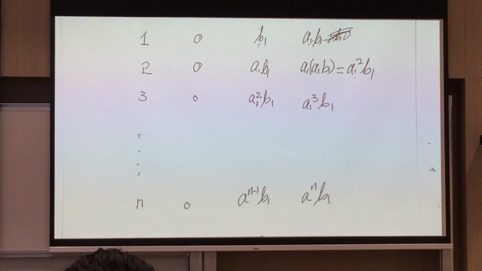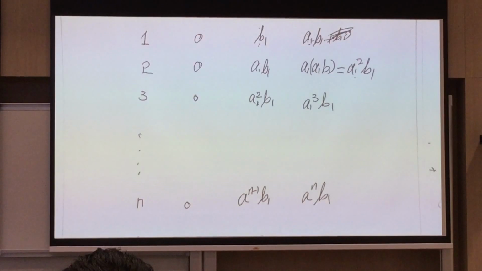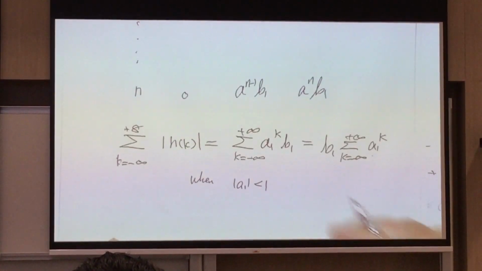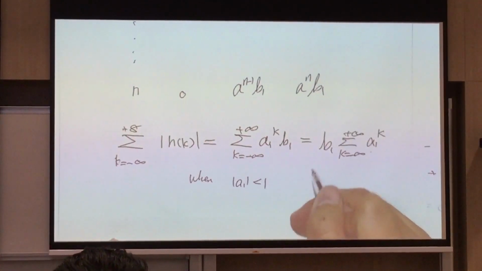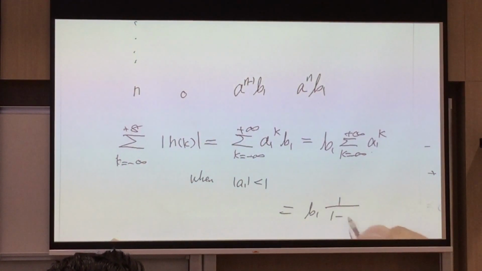And this one I do hope all of you shall get familiar with: the summation of a very simple infinite power series. When a1 is less than 1, this one will become b1 times 1 over 1 minus a1.